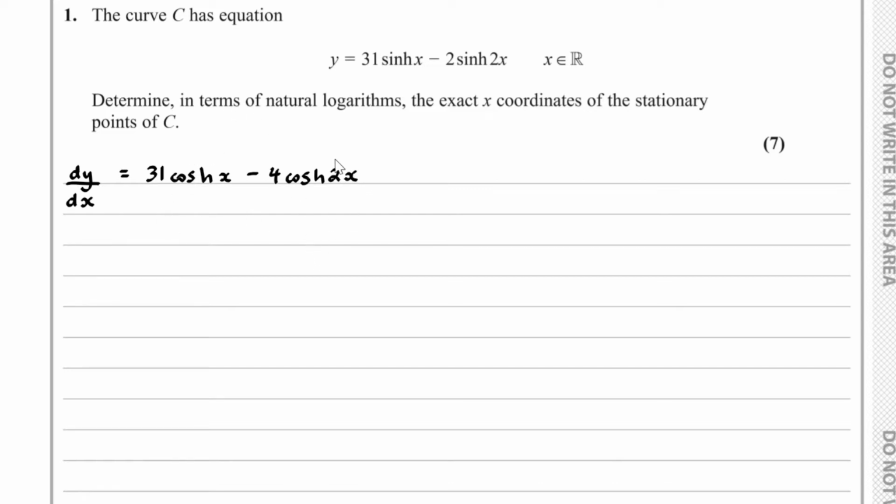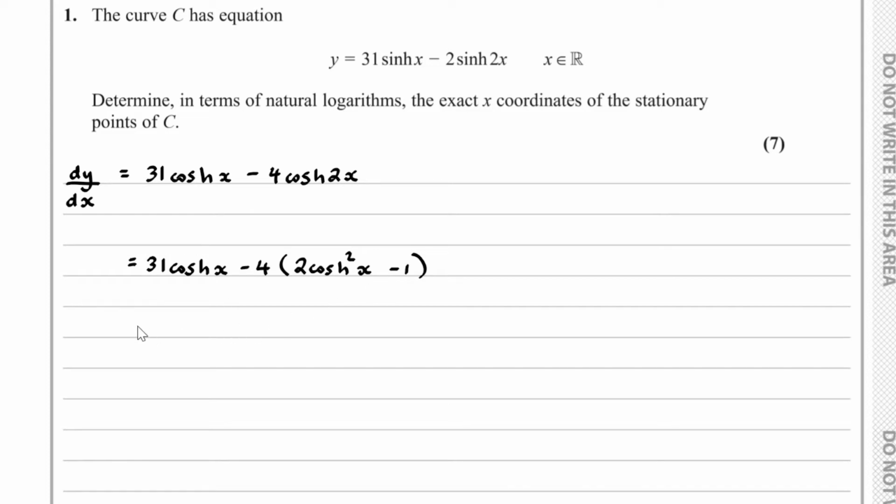And now, recognizing that hyperbolic cosine of 2x is equal to 2 times hyperbolic cosine x squared minus 1, we end up with 31 times hyperbolic cosine x minus 4 times 2 times hyperbolic cosine x squared minus 1, and that's through Euler's rule.